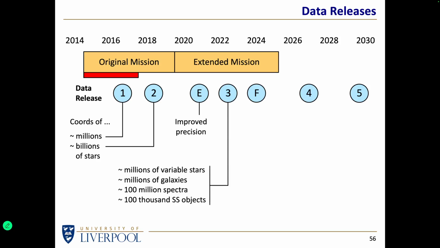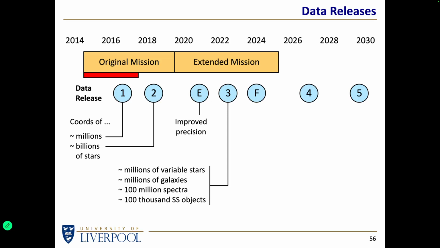Data release 3, that came out in 2022, had that full level of precision, but also gave us extra catalogues effectively. It gave us data on millions of variable stars, millions of galaxies, hundreds of millions of stellar spectra, an enormous data resource for understanding stellar evolution.